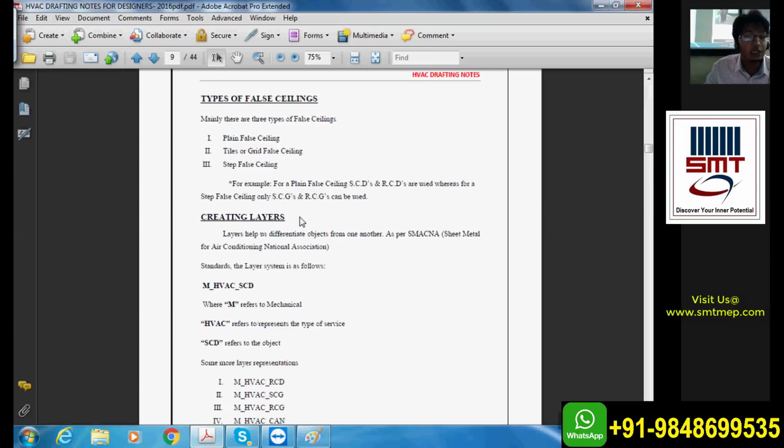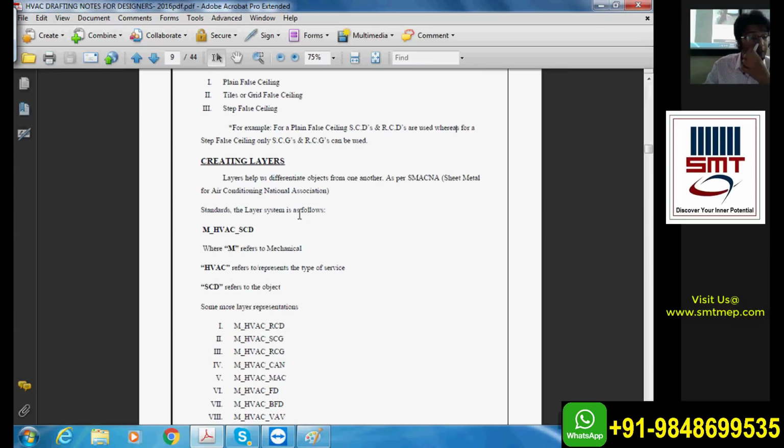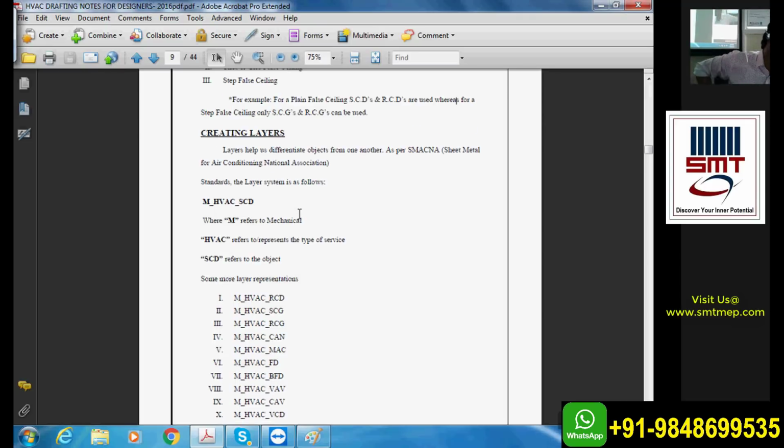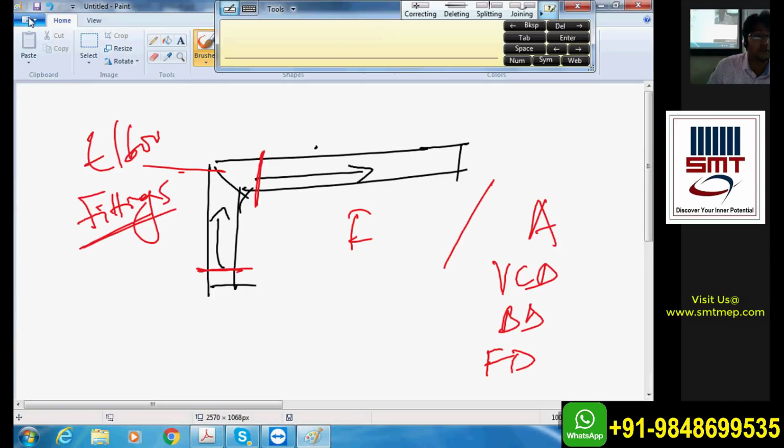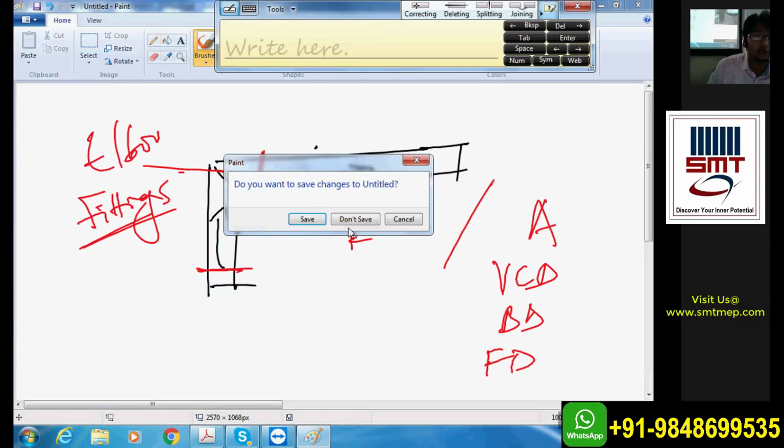Now, when you're going to create the layers, I had given you a syntax earlier. What is a syntax? Do people remember? I gave it at the time of AutoCAD classes. I told you that there is something called DSET.